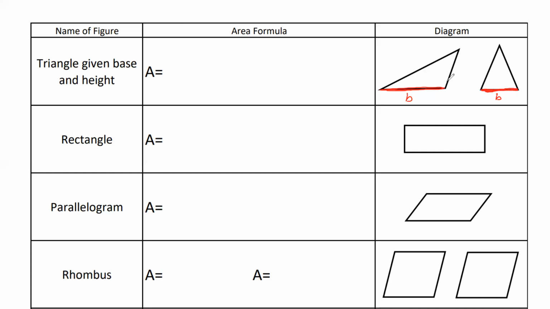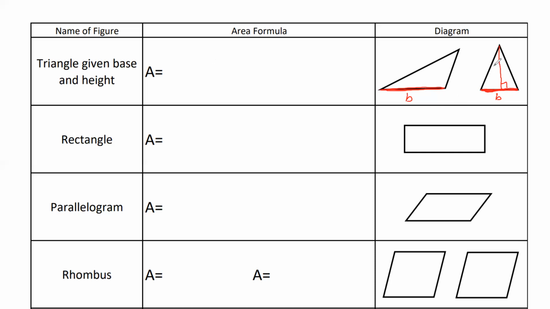Now, for each of these, if we were to do that piece as our base, the height is the distance from the base to the opposite vertex. Probably sounds familiar because it's kind of the same idea as altitude earlier in the year. So if I was to draw the altitude in here, this segment is our altitude.